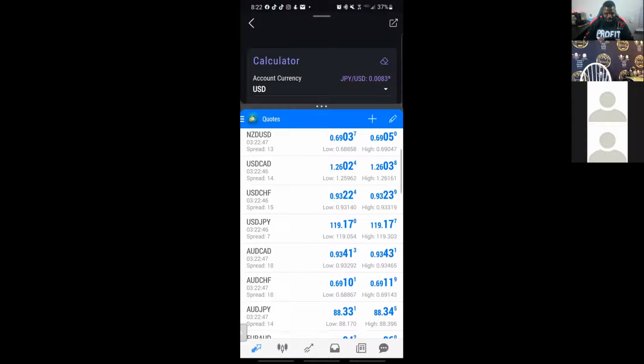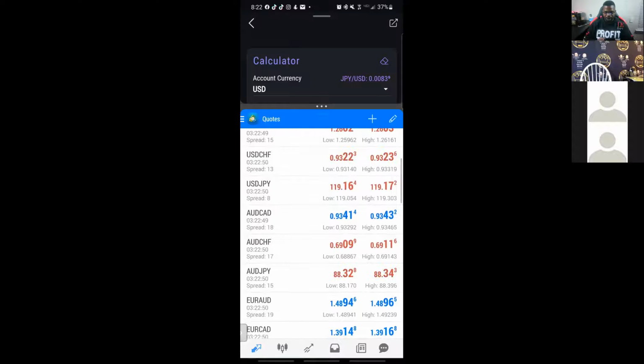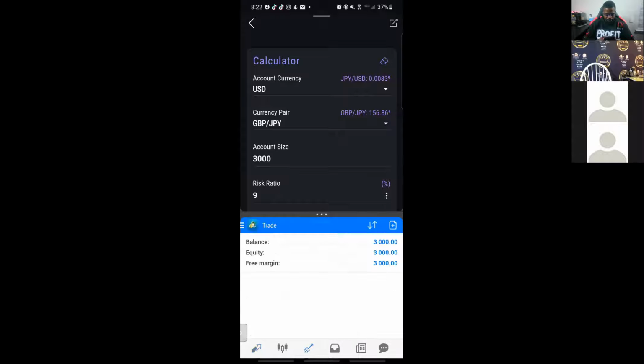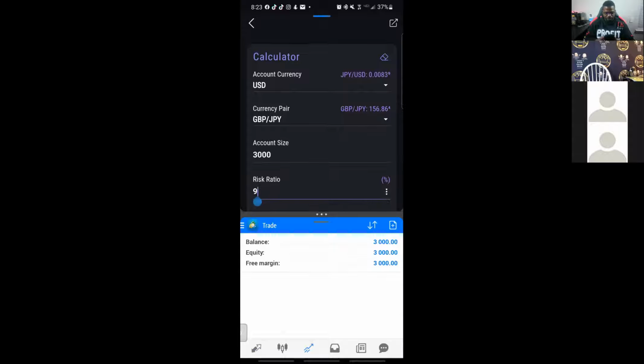So after you've added the pairs, we'll go to FX calculator. Make sure you got your account size in. For this demo account, the account size is 3,000. So in the FX calculator under account sizes, make sure you have that amount.